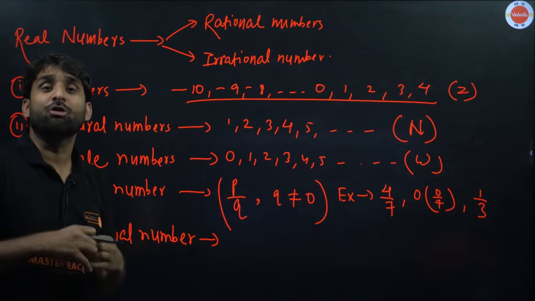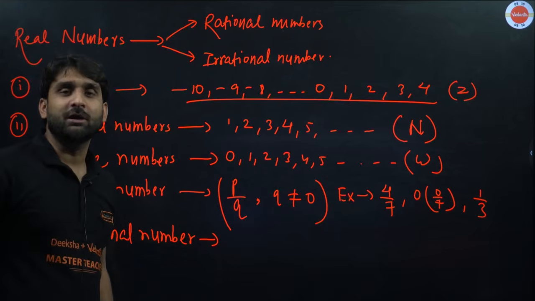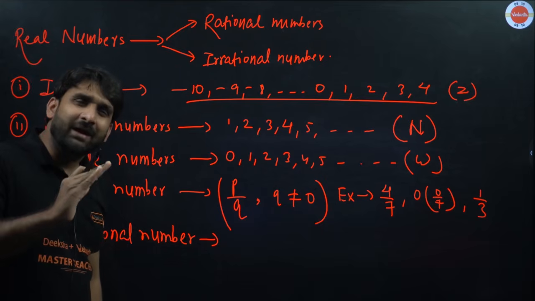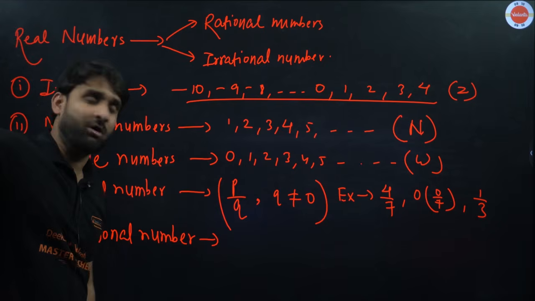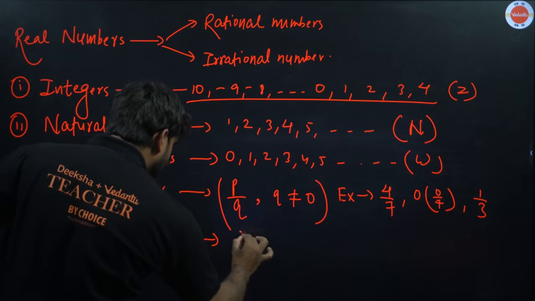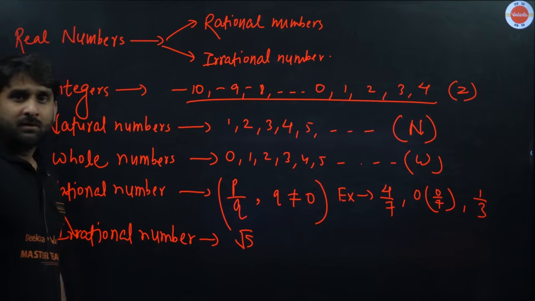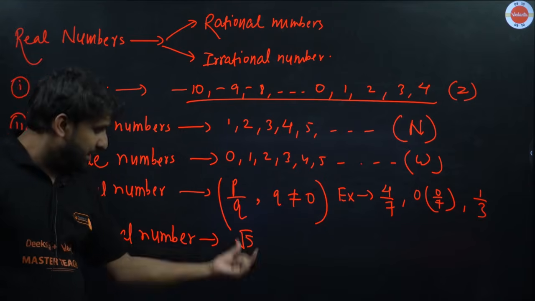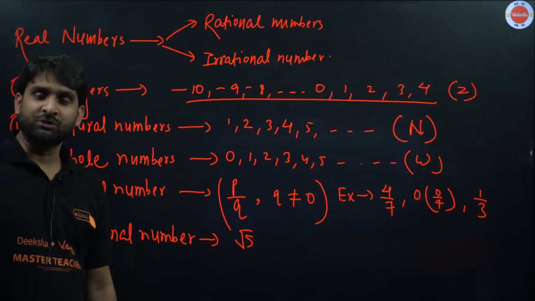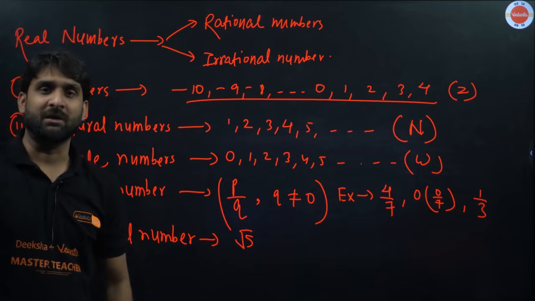It means the numbers which cannot be written in fraction form. If I write here, under root 5, this is non-terminating, non-repeating. Under root 5 is 2.23, and different numbers randomly will be coming after the decimal.